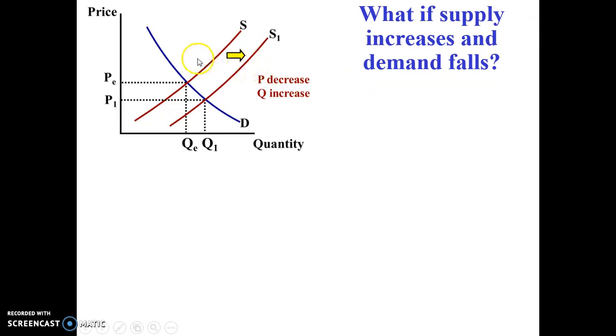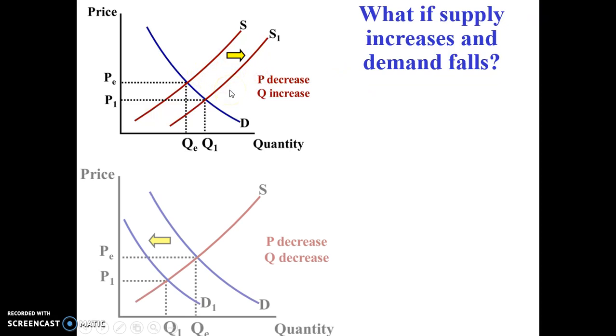Let's do another example. What if supply increases and demand falls? When in doubt, draw it out. So the supply increases, the supply went up, but the demand went down. So in this situation, the price went down from PE to P1, and the quantity went up from QE to Q1. In the demand example, the price went down from PE to P1, and the quantity went down also from QE to Q1.